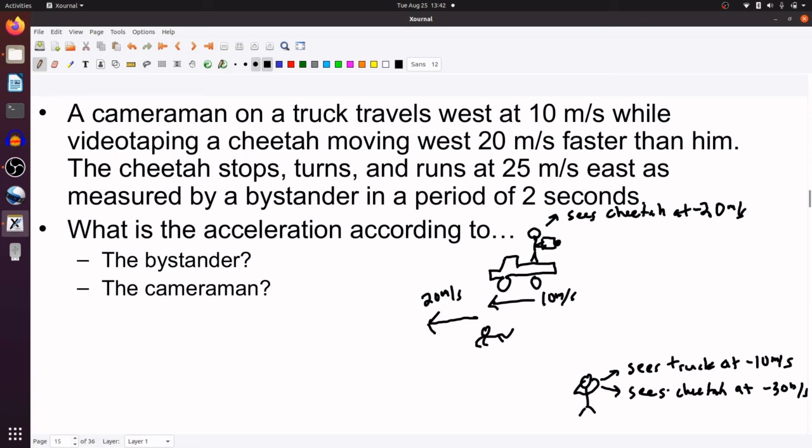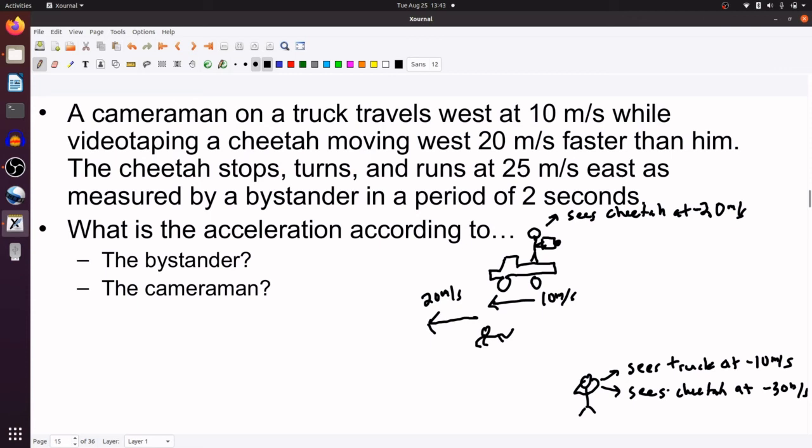Cheetahs can't run that fast. Actually, they may be close. No, they can't do 30. No, I don't think so. -30 meters a second. All right, so those are our two different things going on here. So, cameraman and bystander are seeing two very different velocities of the cheetah. Same direction, but two different velocities.